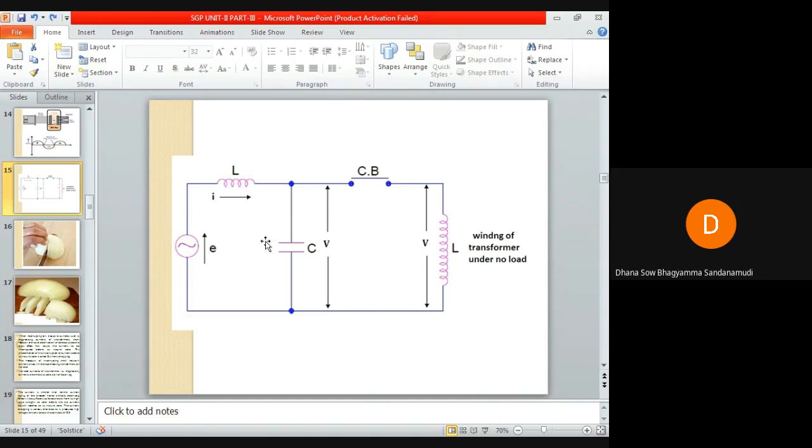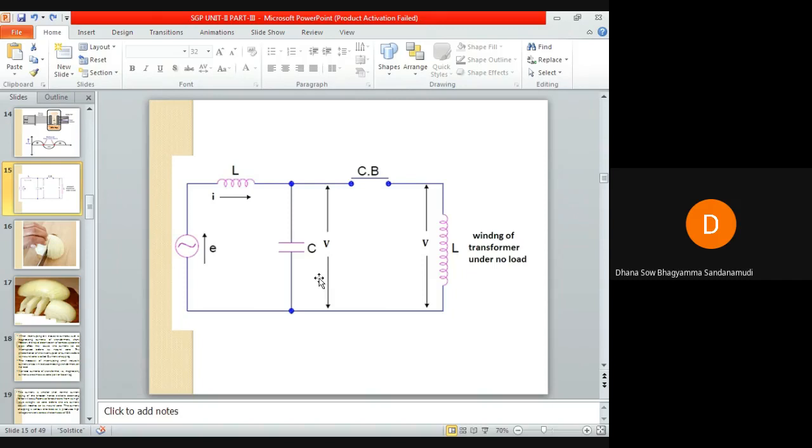The only possibility here is the conversion from electromagnetic energy to electrostatic energy. Otherwise, there is no other possibility. It means the energy stored in the inductor will be discharged into the stray capacitance. So the capacitance is charged to the prospective voltage now.